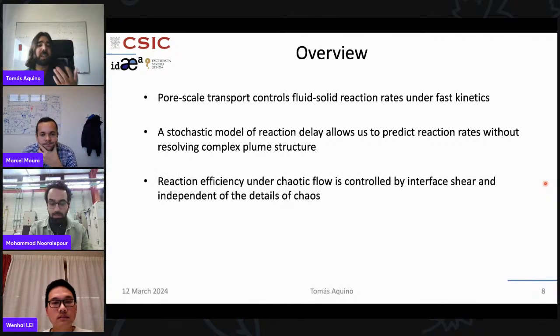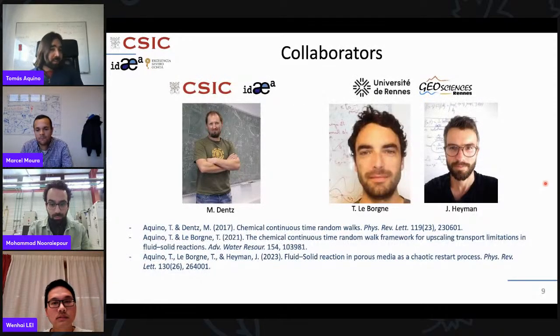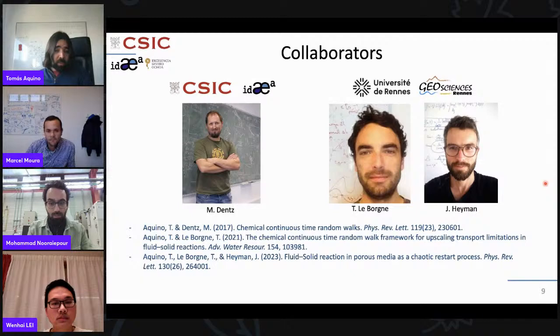And finally, I've discussed how we can put together this restart model that helps us explain and quantify how chaotic mixing controls reaction rates through the interface shear and not through the details of the chaos, because of the boundary conditions in porous media. Before I finish, let me quickly acknowledge my co-authors in the three main publications that I've been discussing here today.